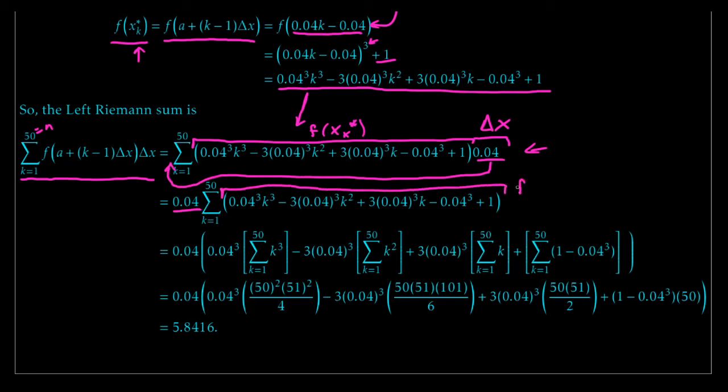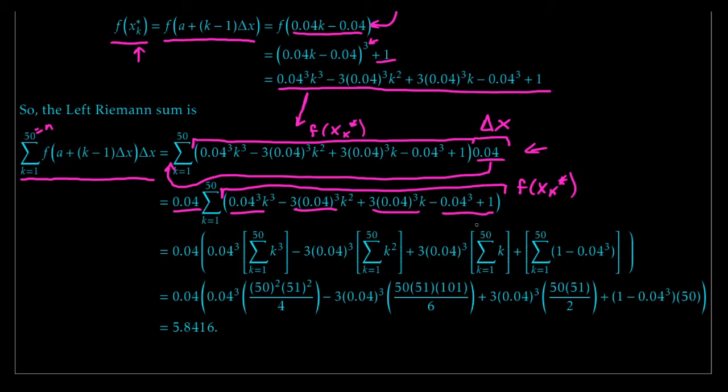Nothing has changed. That's still just f of xk star. All right, cool. So now I'm going to do a couple steps at once. Basically, I'm just going to use the fact that I can split up a sum across its terms. So this big long sum, I can split it up into this guy, this guy, this guy, and I'll put these two together just for convenience because they're both constant terms.